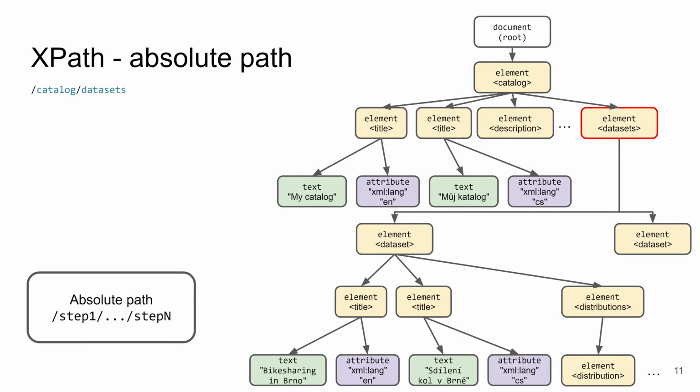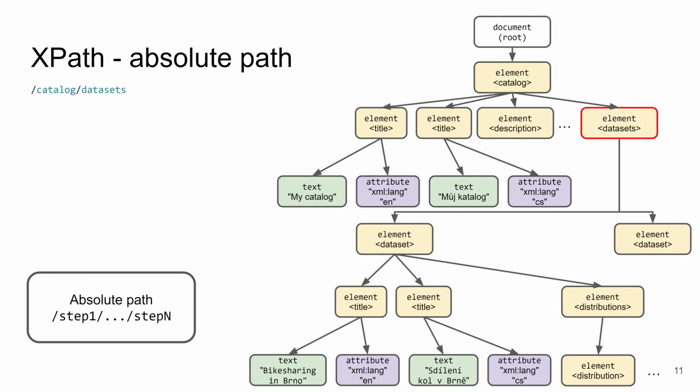Now you may have noticed that we start our query with a slash. So queries which start with a slash are absolute paths because they start in the document node or in the root node. That's not the only way an XPath query can be built. We can also start from a current node, which we will see later.